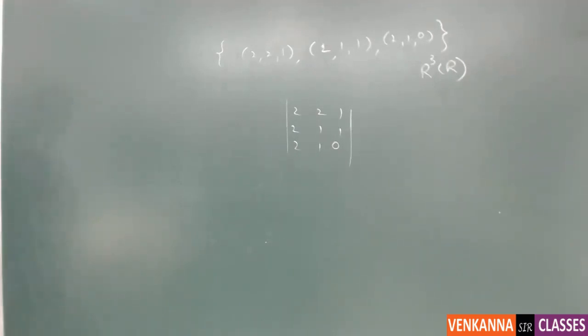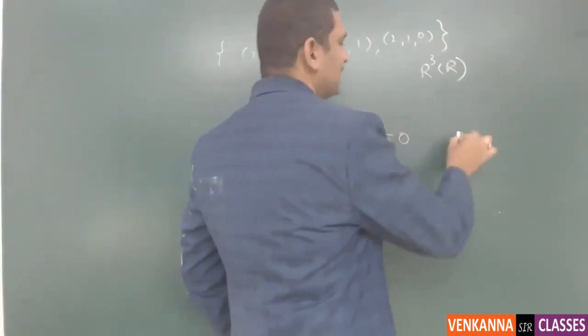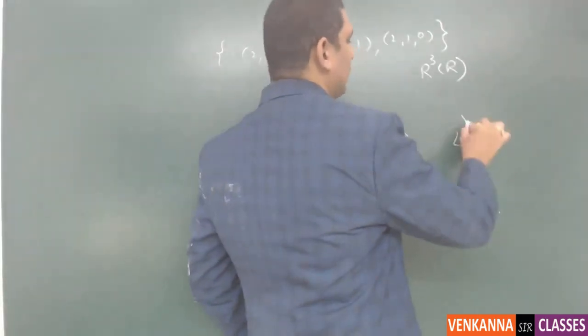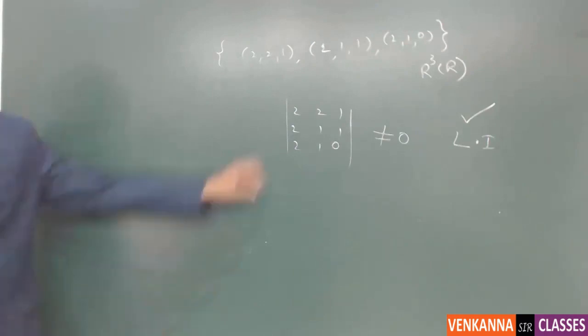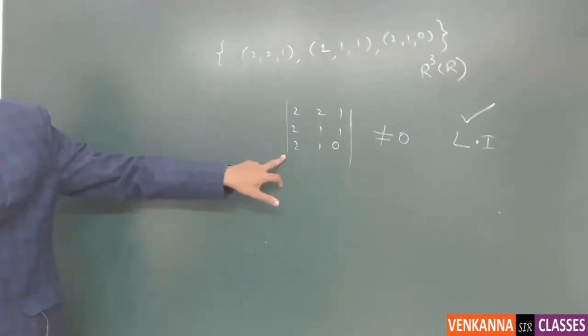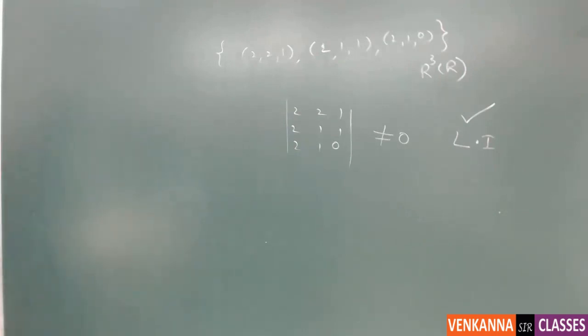If the determinant is not equal to 0, it means that it is linearly independent. You can go for the other technique, applying row operations on it. You cannot make the last row 0; not only the last row, you cannot make any row completely 0.